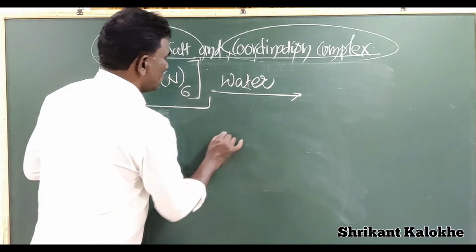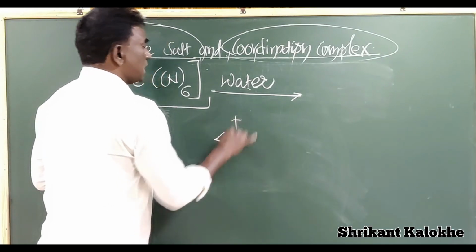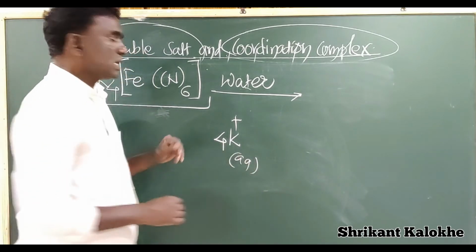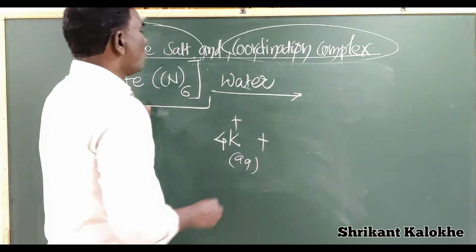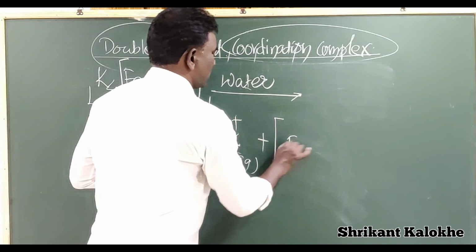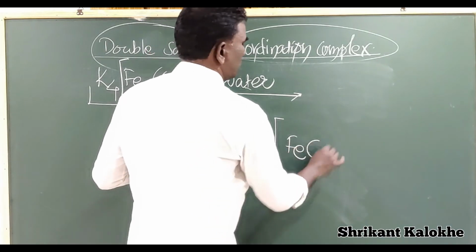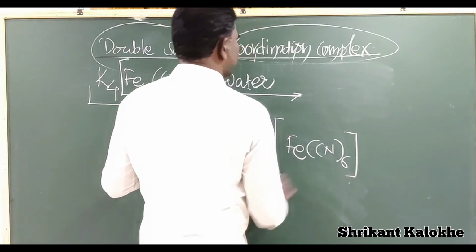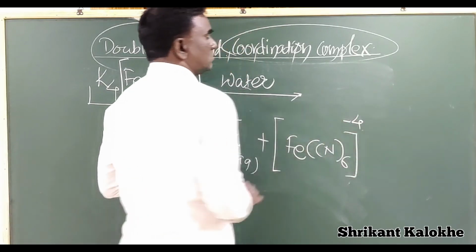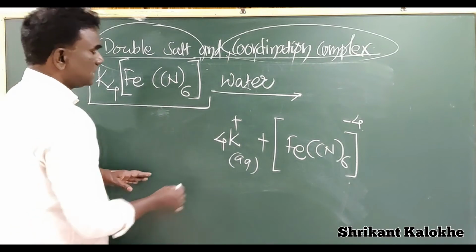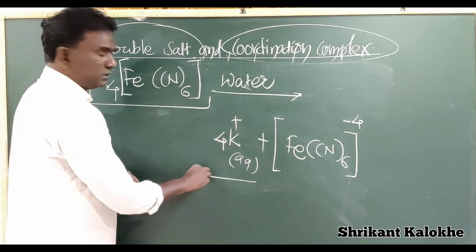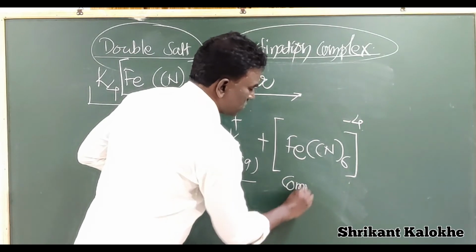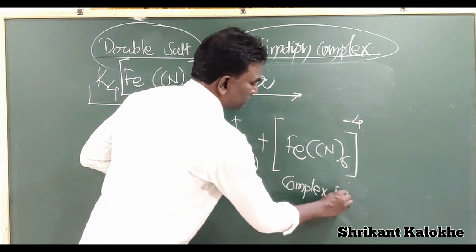We get 4 K+ ions in aqueous solution plus only one ion of this whole complex, which carries a -4 charge. That means this is a counter ion, this is an individual ion, but this is a complex ion.